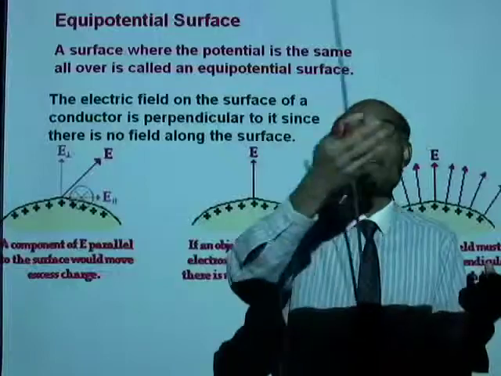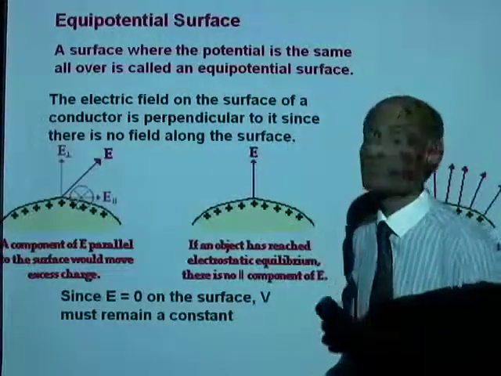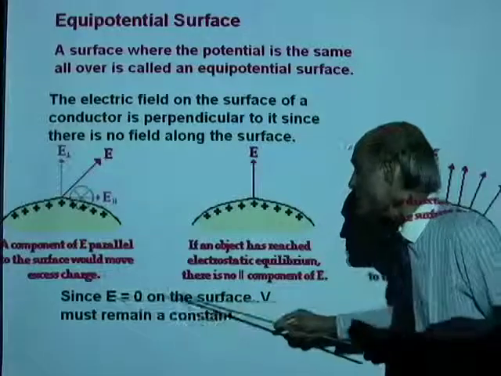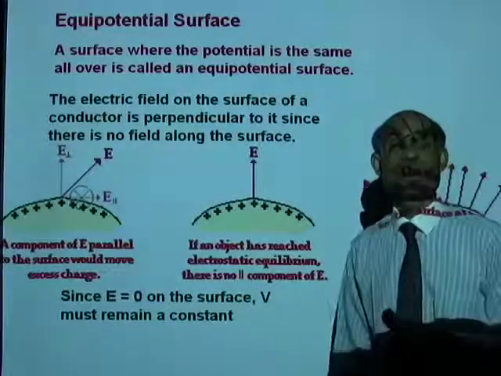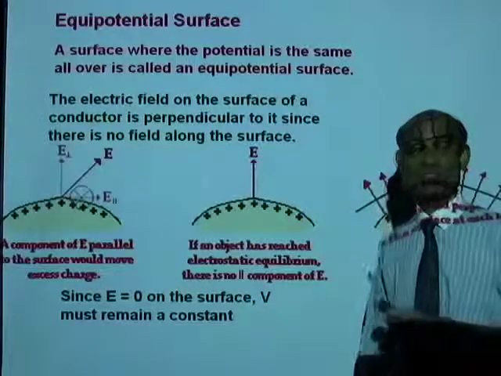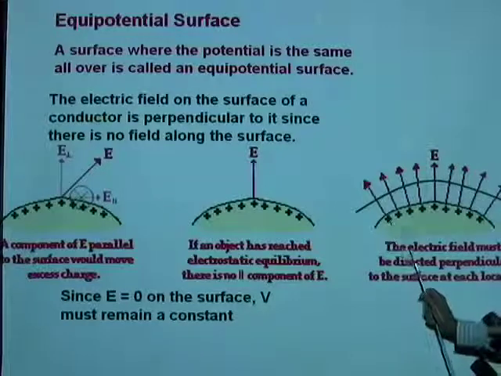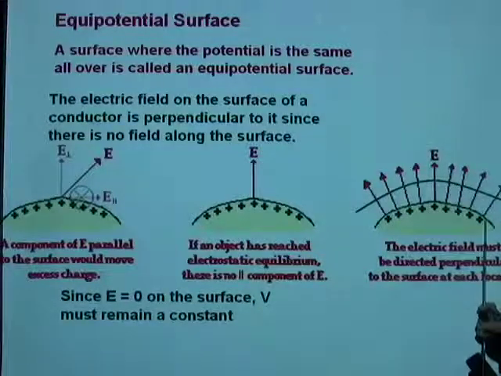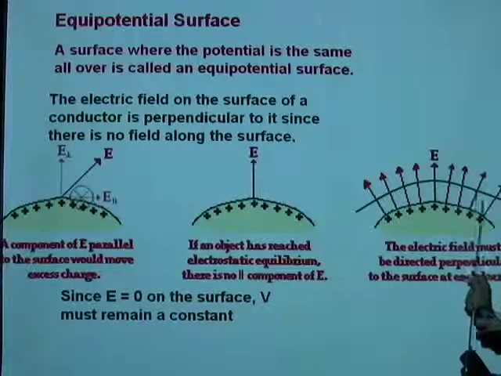The potential at any point on a charged conductor will be constant. Since E equals 0 along the surface, V, the potential, must remain a constant. Very important. Now, you can see the surface is an equipotential surface. How about this surface that I have just drawn?